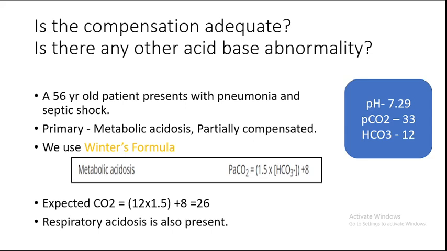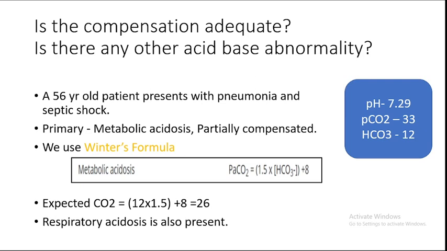Right. So this is a 56-year-old gentleman with pneumonia and septic shock. The important details are given there. So the primary problem is a metabolic acidosis, and you can see it's partially compensated. I told you that there are several formulae. One is Winter's formula that is specifically made for metabolic acidosis.